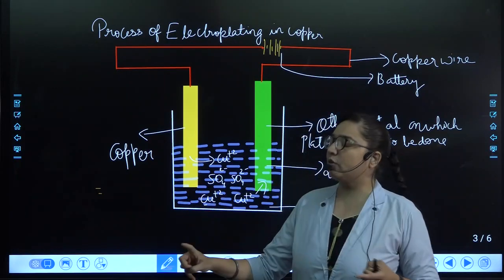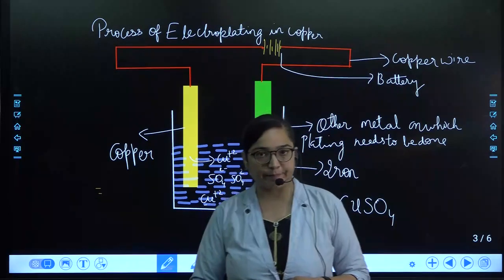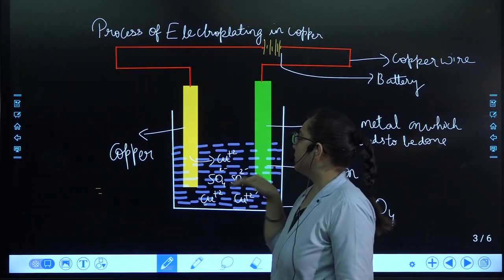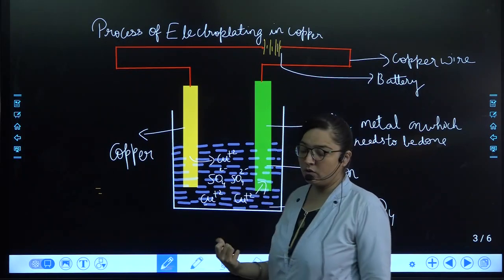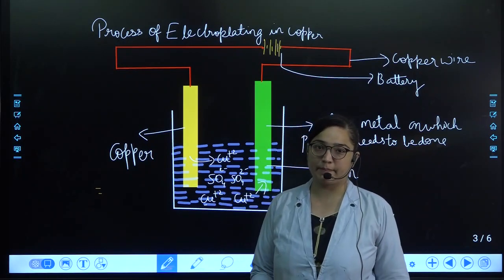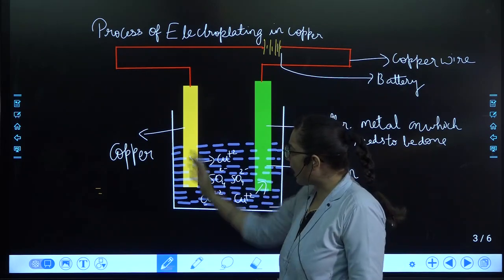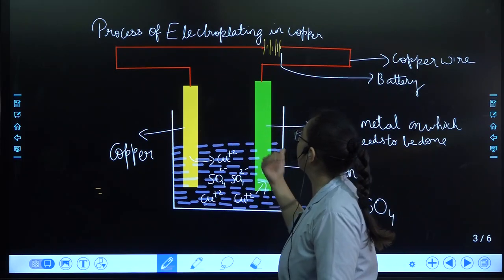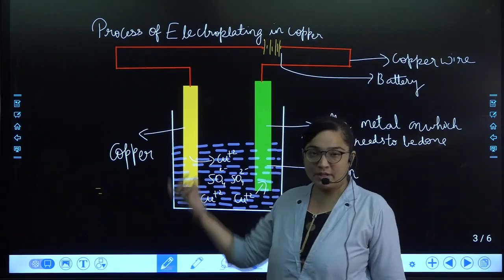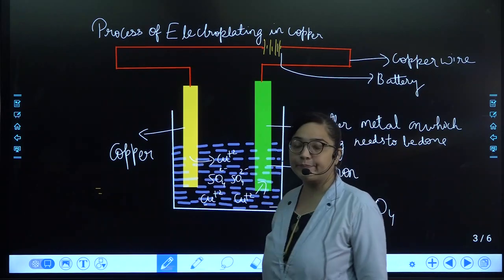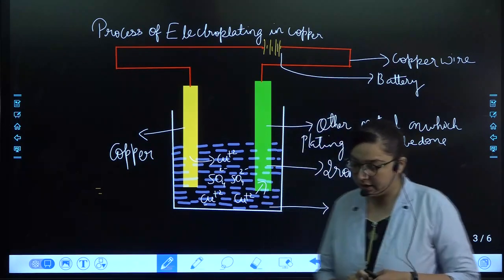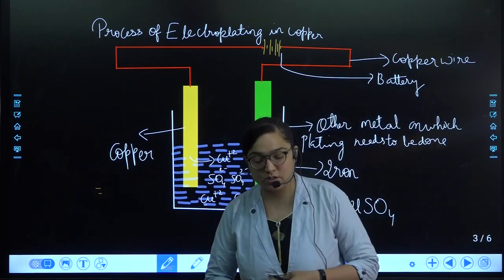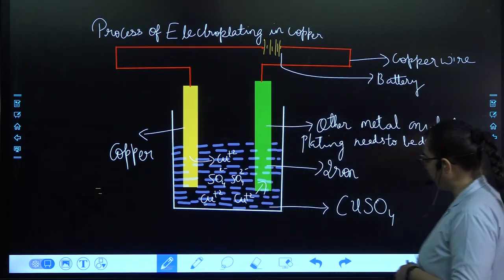They are not going to get oxidized. From the anode, Cu will get converted into Cu2+ ions. This is how slowly all the ions will migrate from the anode to the cathode. So this is about the whole of the process of electroplating.